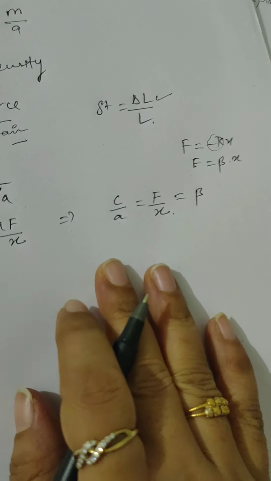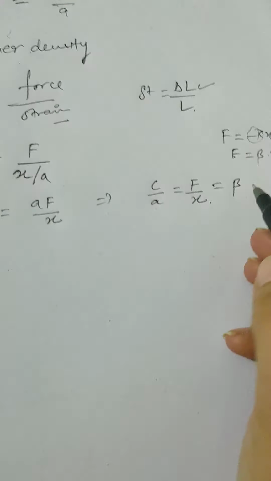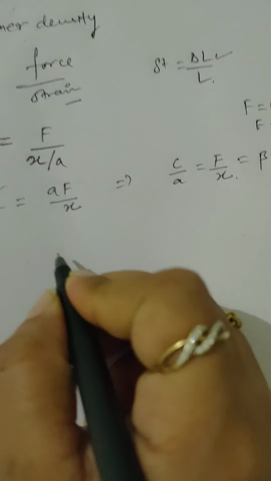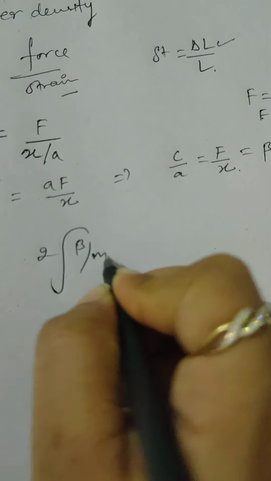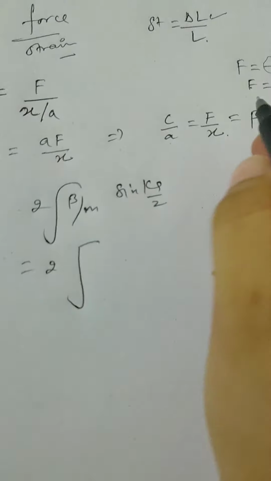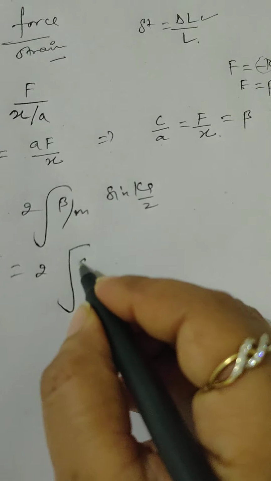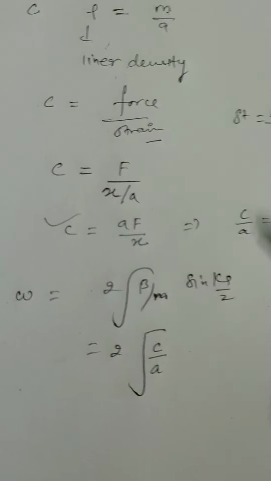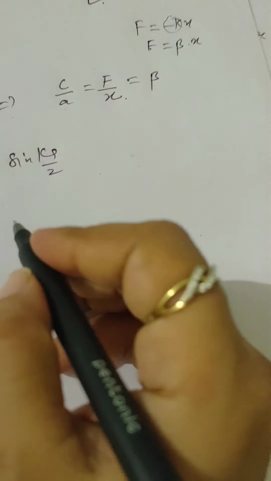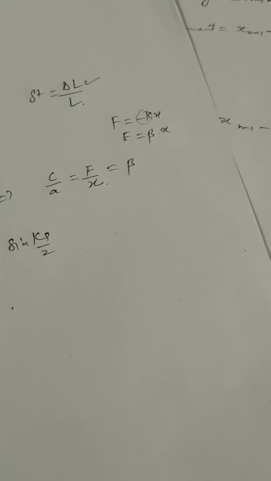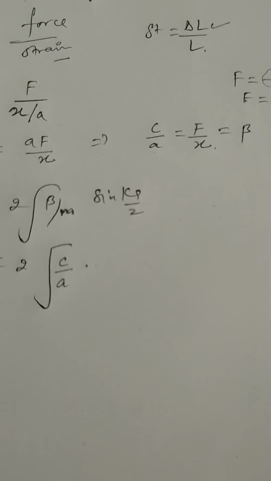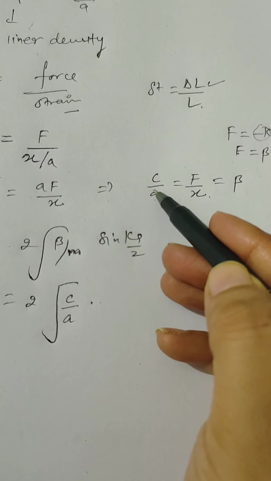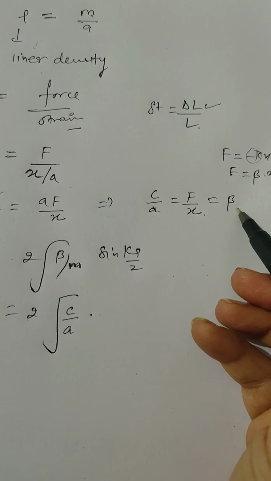So by putting the value of this C in the equation, omega is twice of the square root of beta by m, sin ka by 2, where beta is equal to C by a, and m in terms of linear density is rho, mass per unit length. C is equal to beta a.